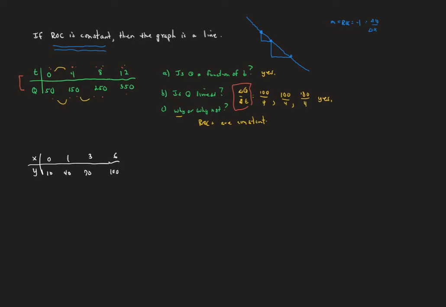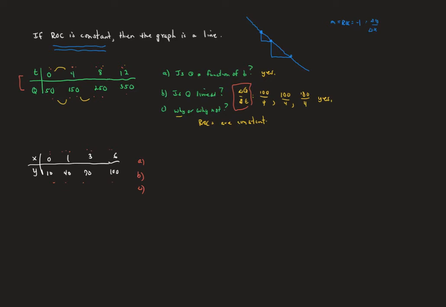Now on this next one, I still want to answer the same questions, A, B, and C. Is it a function? Is it linear? And then why or why not? Here you can see that the y values are going up by 30 each time, but the x values are not going up by the same value each time. It went up by 1, then by 2, and then by 3.